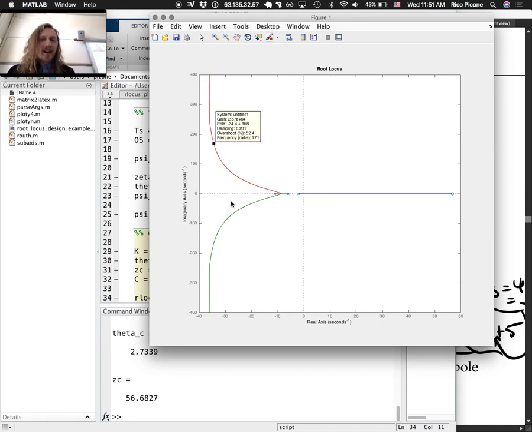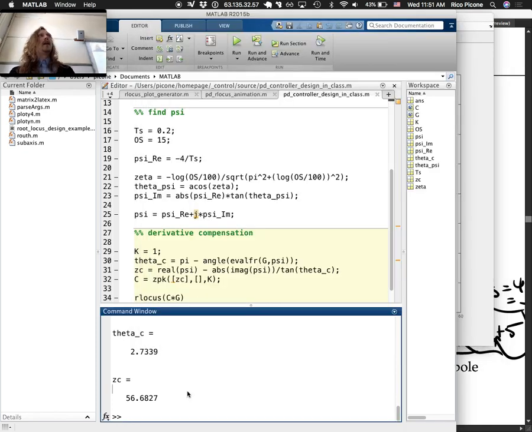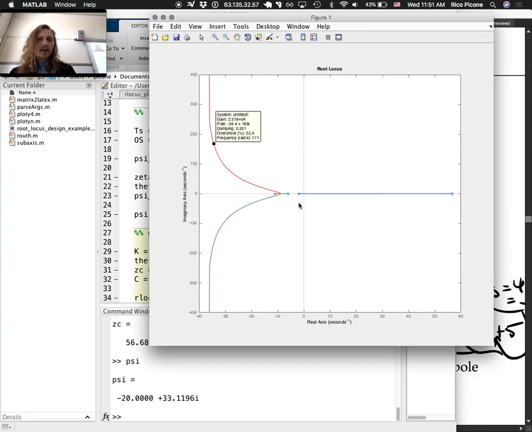If we want to be at negative, what was our psi? Negative 20, 34. So yeah, we got it.